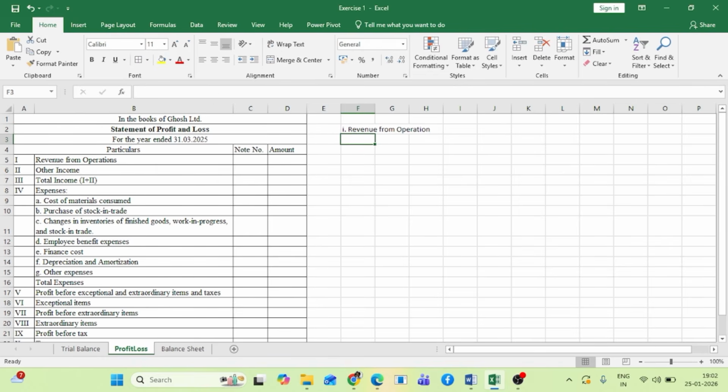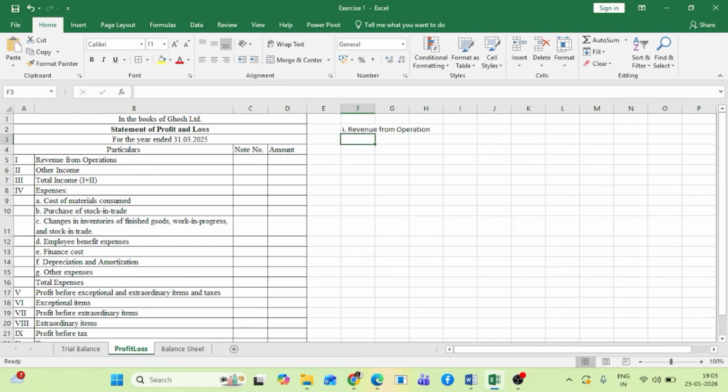For revenue from operations, you need to see what the sales value is, and whether there is any other income from the operation of the business. In this case, only the sales value is given and there is no other income from the operation of the business.